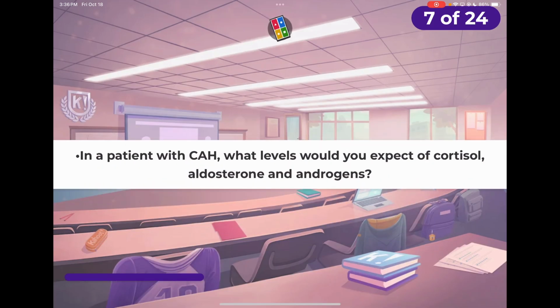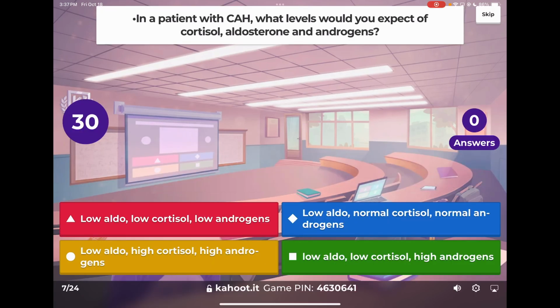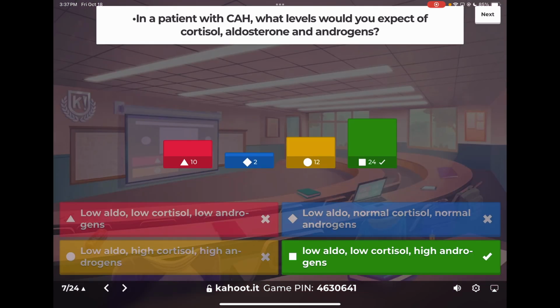In a patient with CAH, what would you expect of cortisol, aldosterone, and their androgens? Which answer best aligns with that? So we know they have CAH. So what two are they not making, we know?